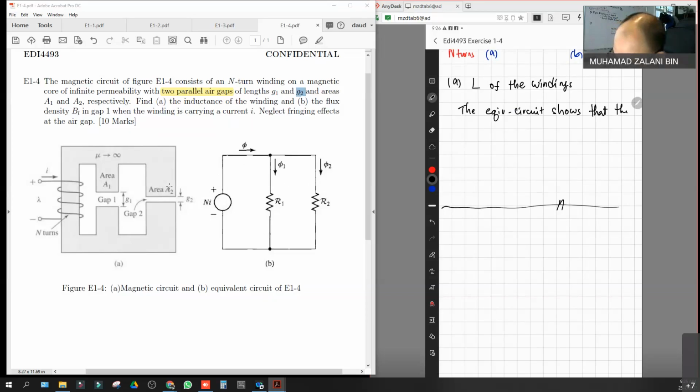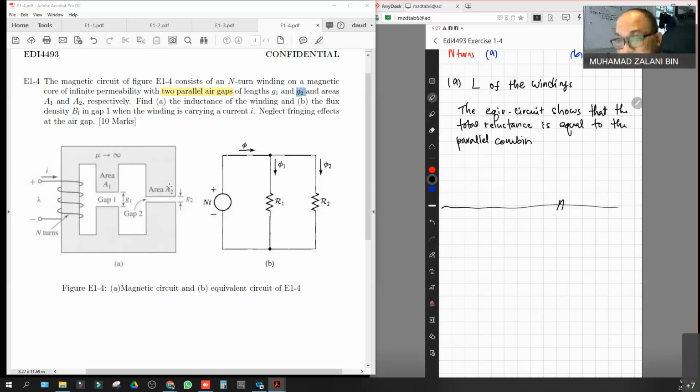that the total reluctance is equal to the parallel combination.